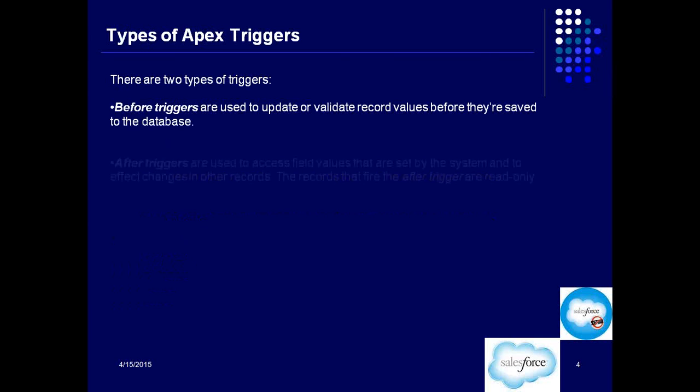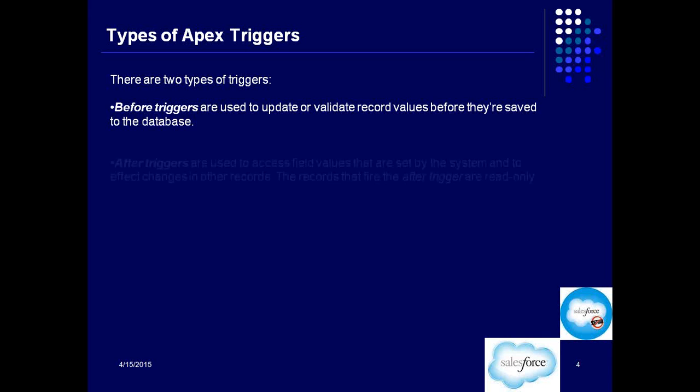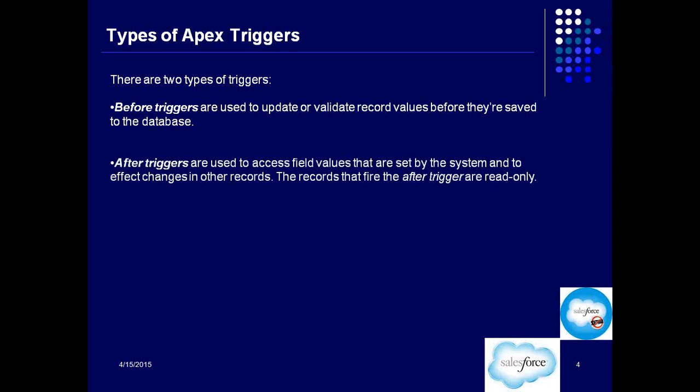And now if you look into this, this will make a lot more sense to you. Types of Apex triggers. Before triggers are used to update or validate record values. Why will I execute some code before the record is actually inserted? Just to validate some data, just check if the data is correct, or maybe update some values to the data. And why will I execute a code after the record is inserted?